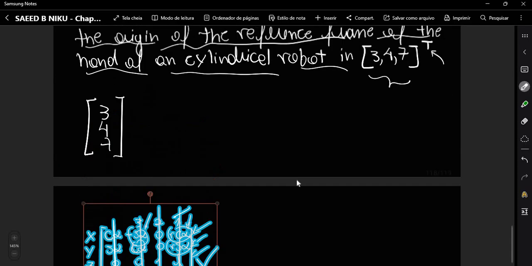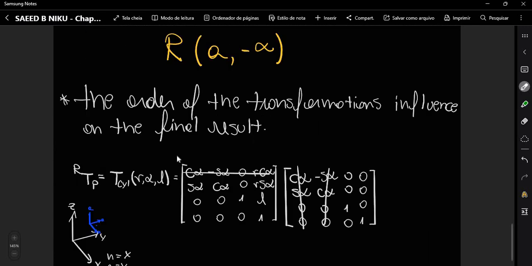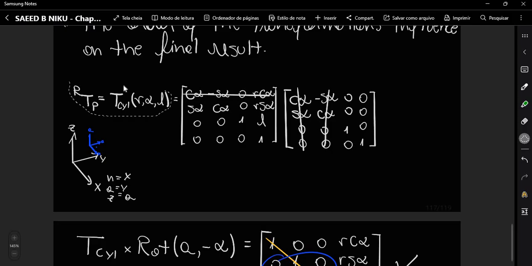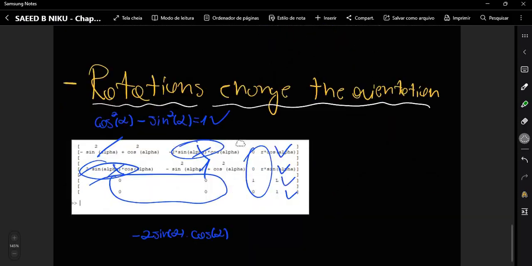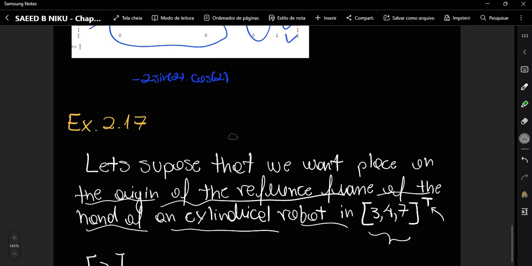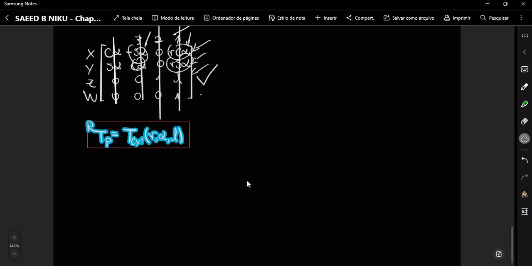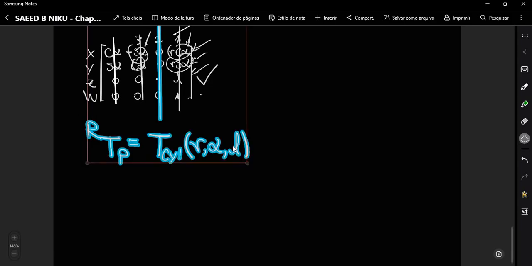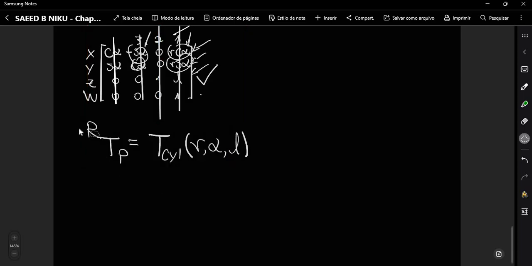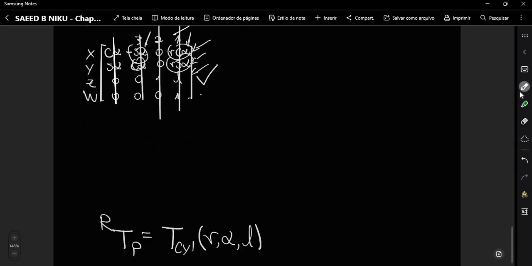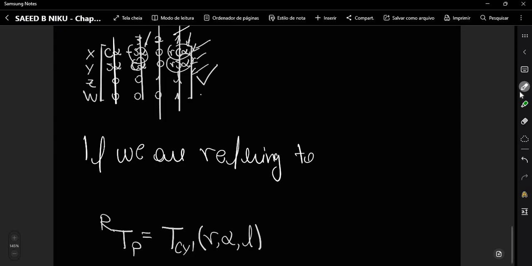I will call out another important part: we have to keep in mind the notation of a transformation on the cylindrical coordinate system.